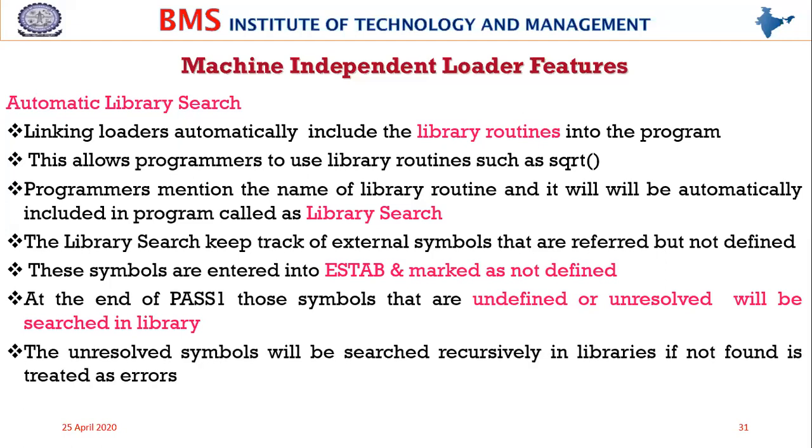Then we come to know that these unresolved symbols should be searched in the libraries, the ones for which we would have included the header files. Header files will not contain the library functions. Header files just contain the prototype of the function. That's all. It will not contain the function itself. The function body would have been defined in a separate file which is stored in your Unix operating system in /lib.